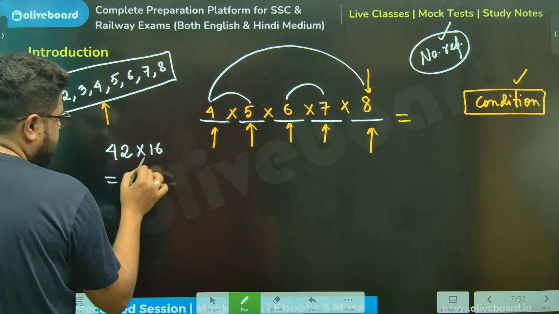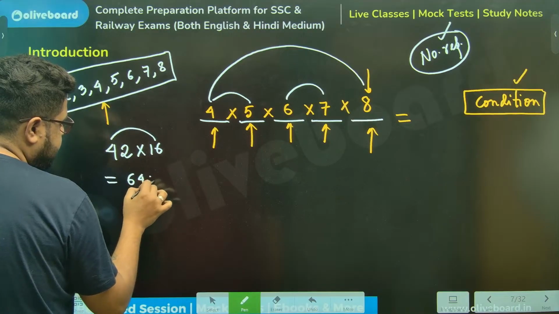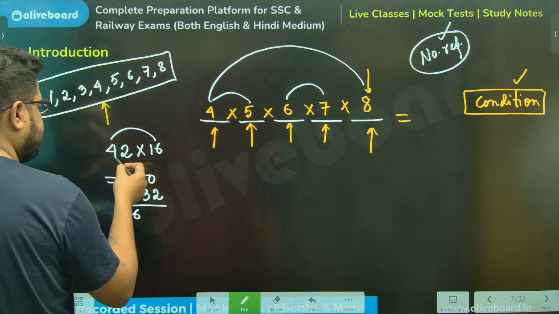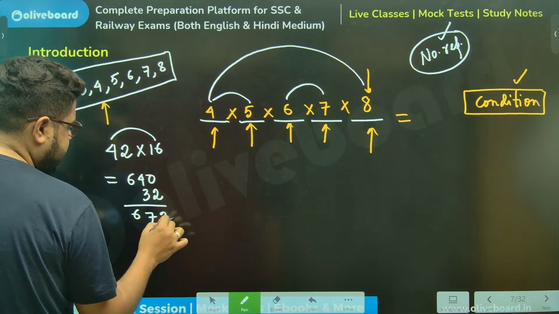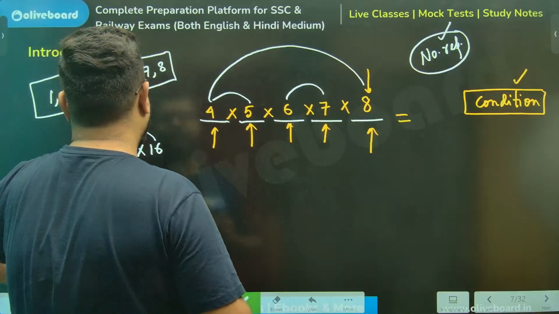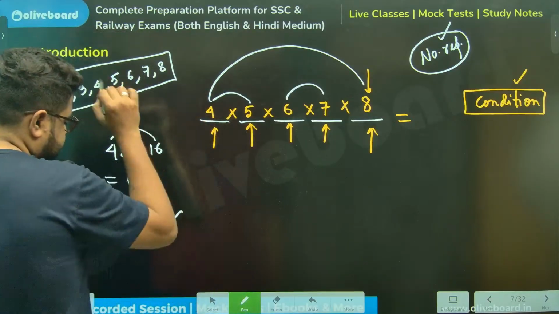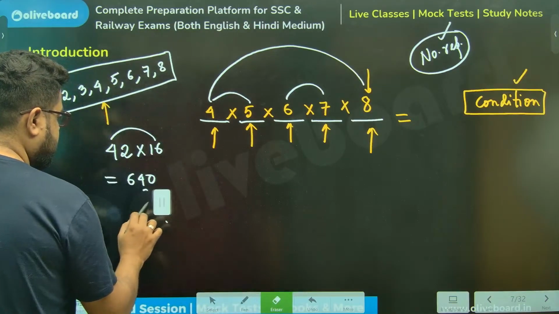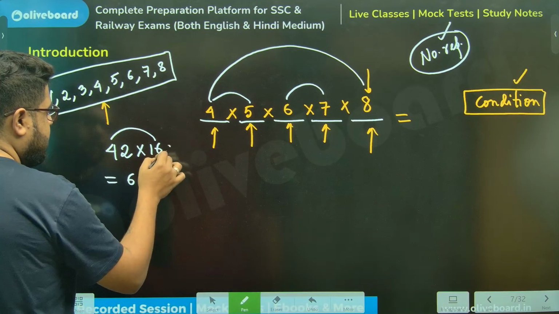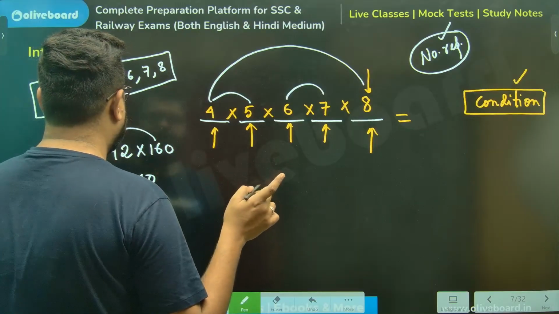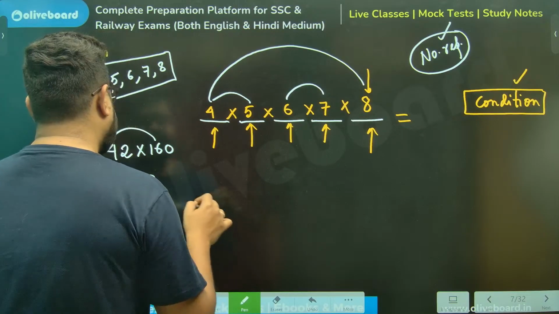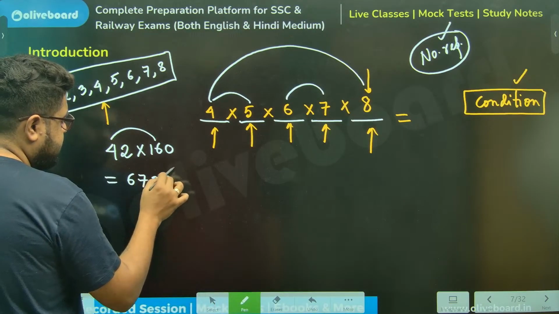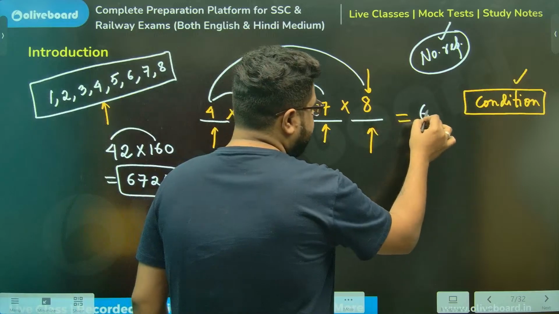So 16 into 40 is 640, plus 32, so this is 672. तो मैंने कुछ गलत कर दिया. 5 4s are 20. अरे 160 था. रुको, this was 160, right? हाँ, 672 and then a 0, sir. 6720 is the answer.